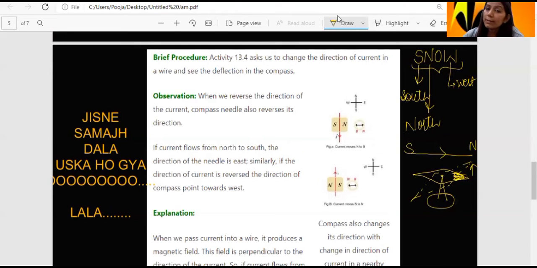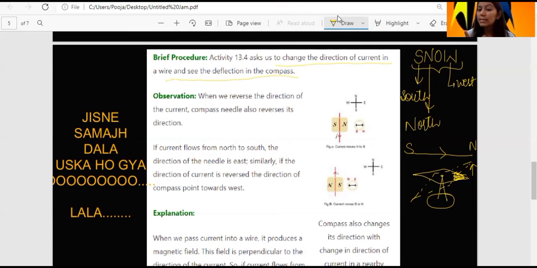So in this Oersted experiment, or we can say the 13.4 activity, this activity asks us to change the direction of current in the wire and see the deflection in the compass. It means whenever we change the direction of the current, as I have told you, he has given us the SNOW rule.